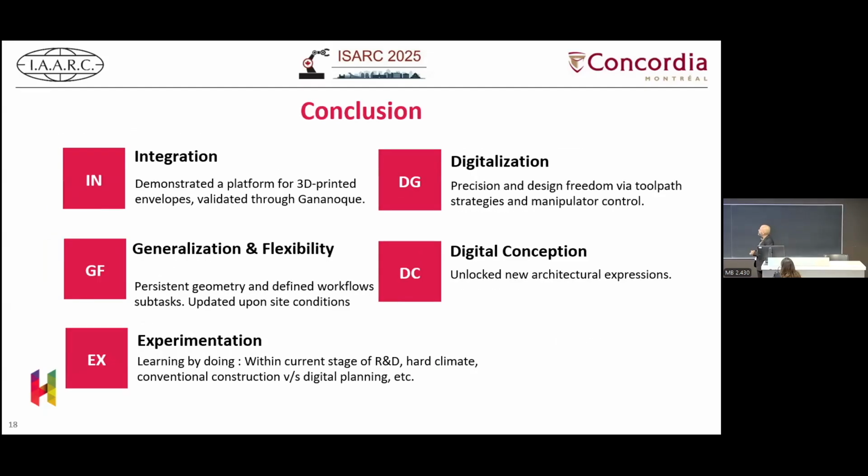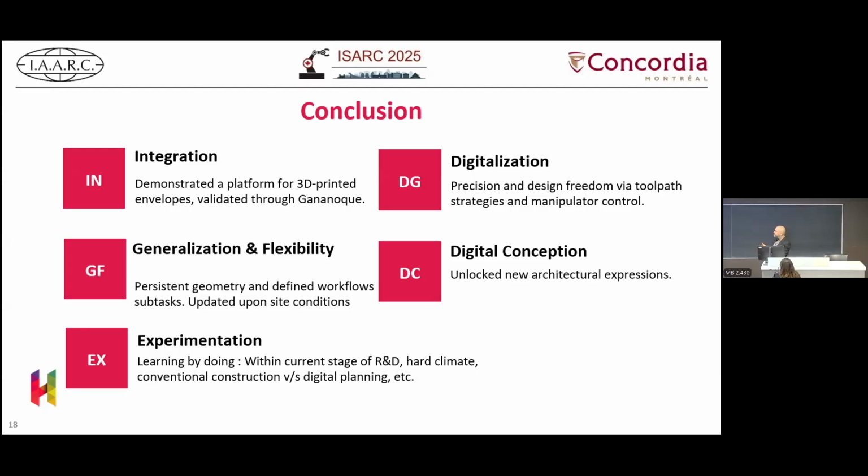In conclusion, we demonstrated a platform for 3D printed envelopes, validated by the execution of the project. It shows persistent geometry in terms of inputs and different workflows. We are doing a 2.0 version now, but it keeps the same clusters.